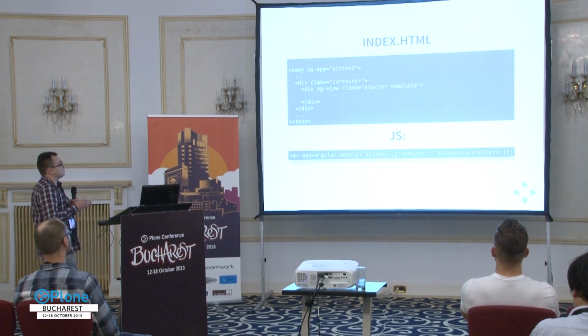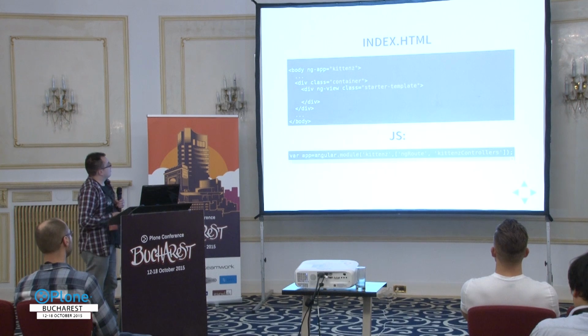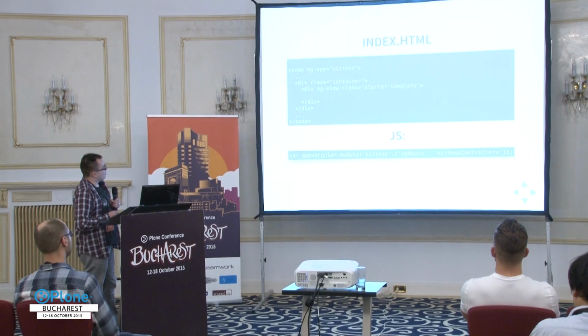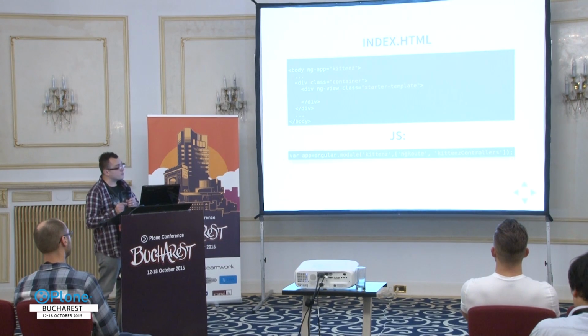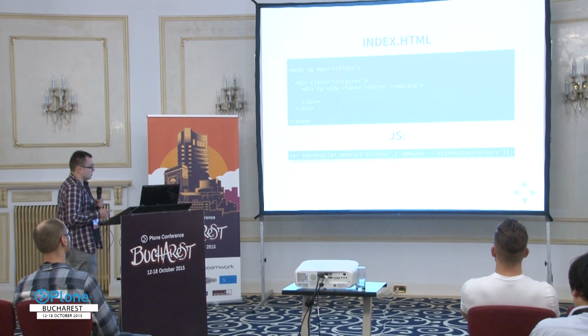So the body of the main page is actually the root of the app. The next directive is ng-view. Now ng-view will allow us to render the templates of all the views which are controlled by the route service.